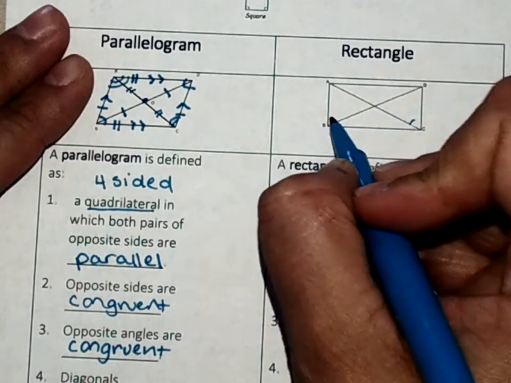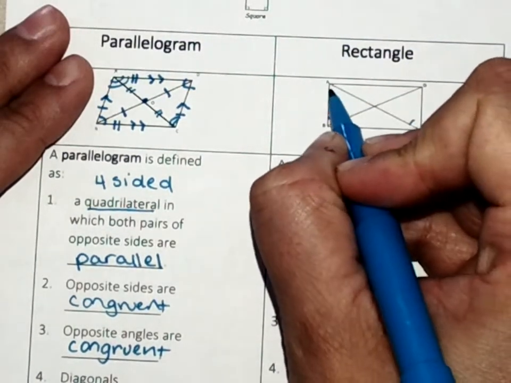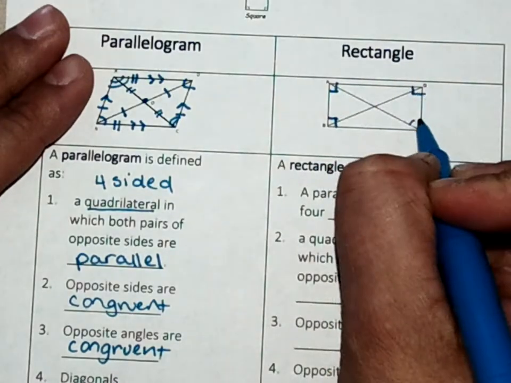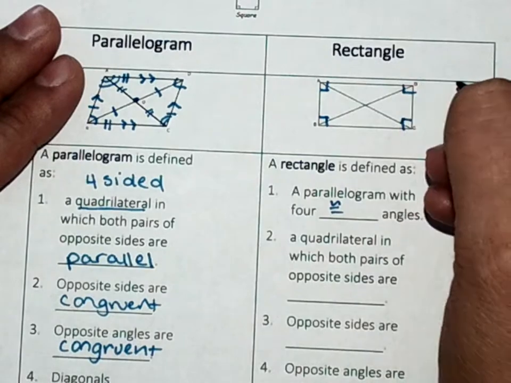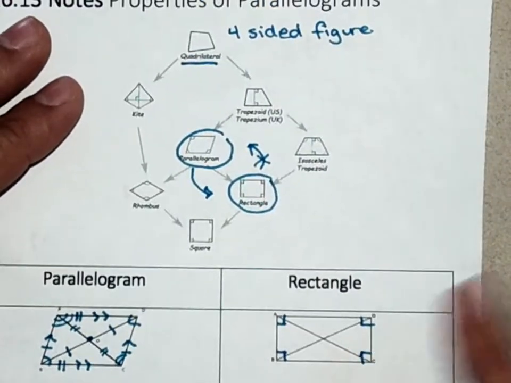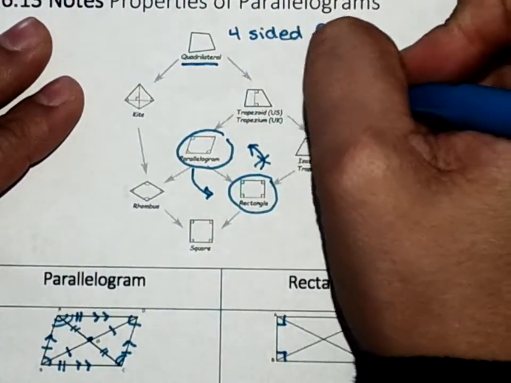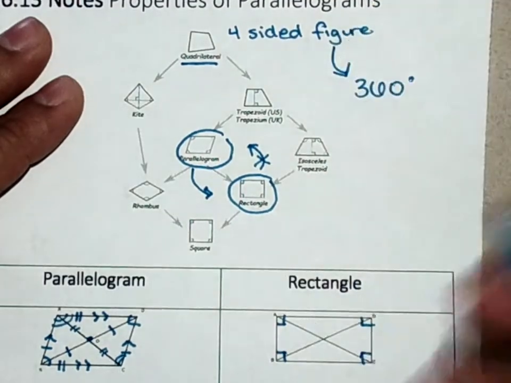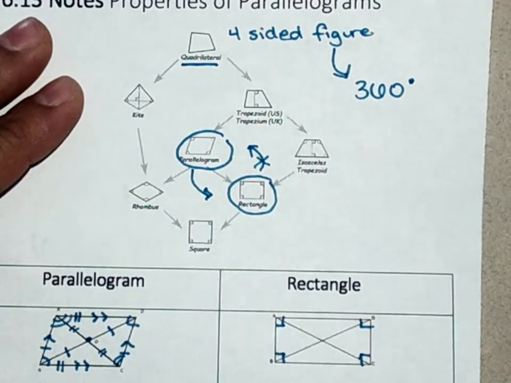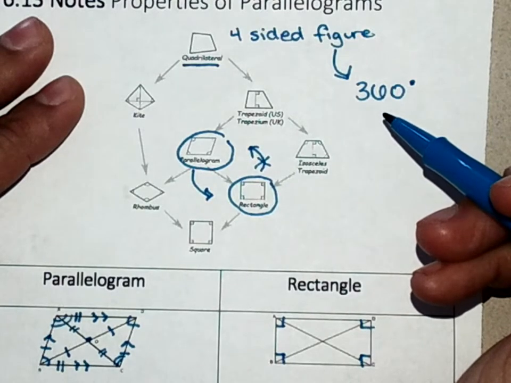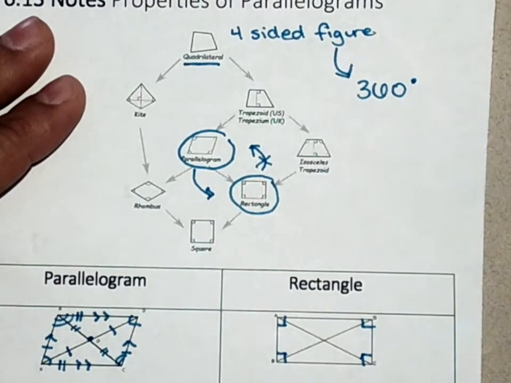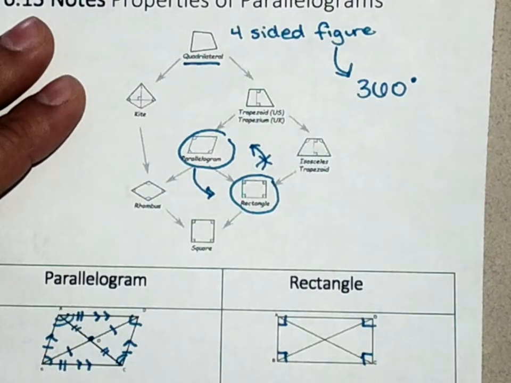We also know that in a rectangle, if this is the case, all of the angles have to be a right angle. That is because in four-sided figures, there are 360 degrees. Just like a triangle has 180 degrees, a quadrilateral has 360 degrees.